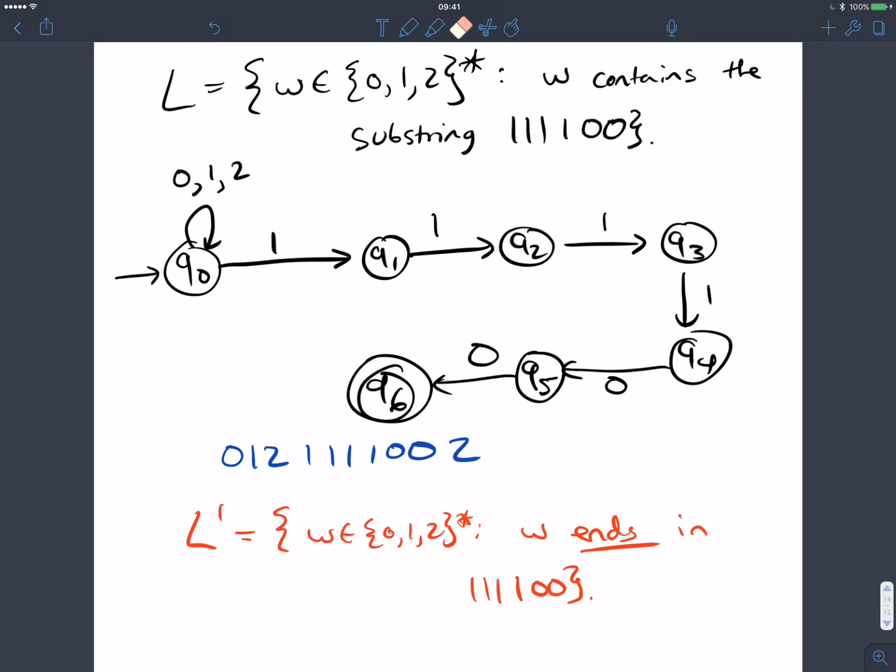But then what happens? Nothing I can do. So the machine totally stops and it's not a computation now because I couldn't read the whole input. Cool, so it really is L prime. Nice. Other questions?